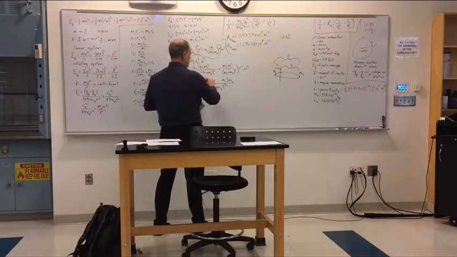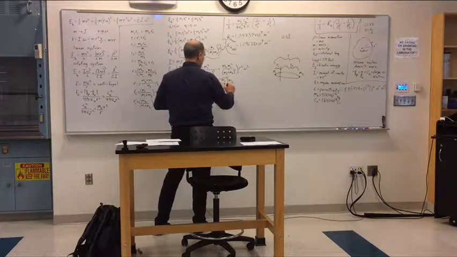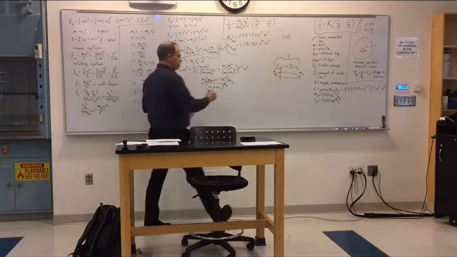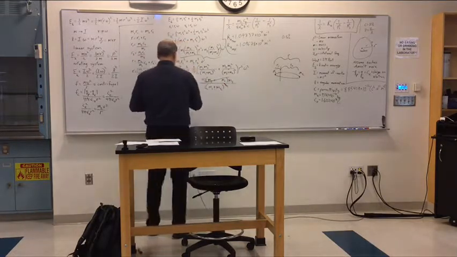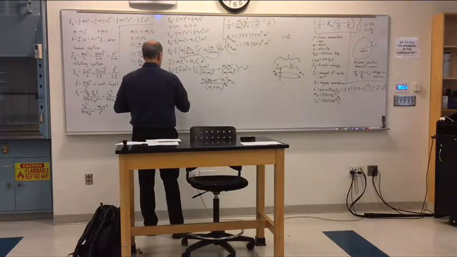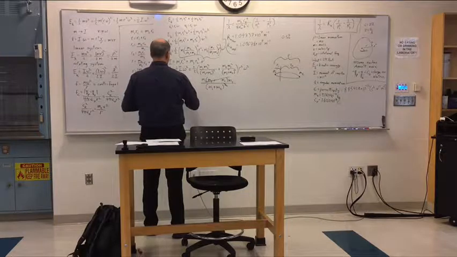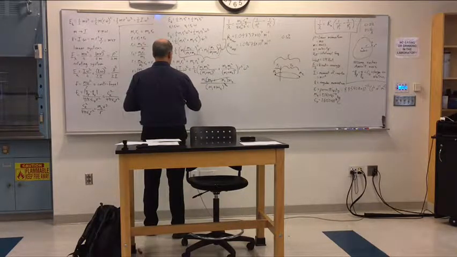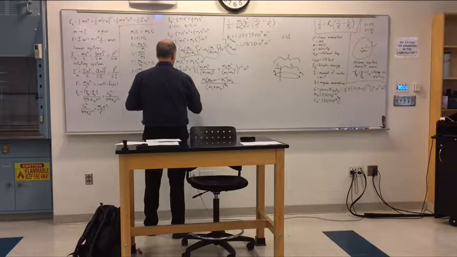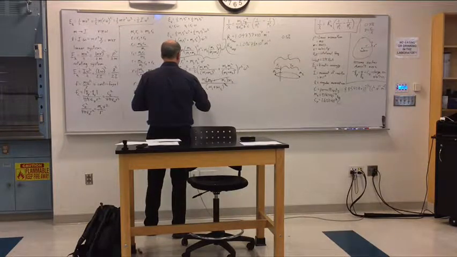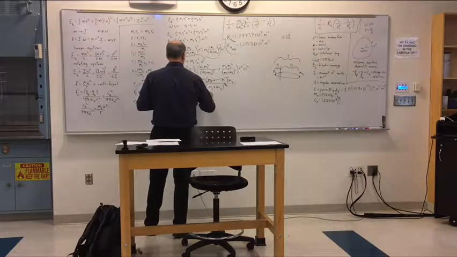And so what's inside the parentheses here, we'll cancel out that. So this gives us kinetic energy is equal to 1/2 M1 times M2 over M1 plus M2, R squared omega squared.